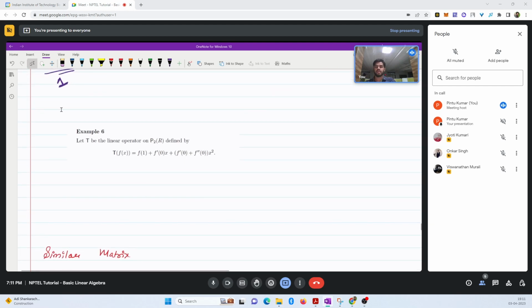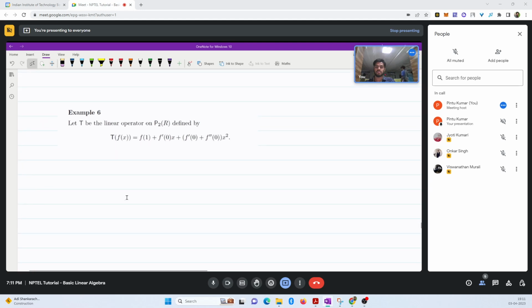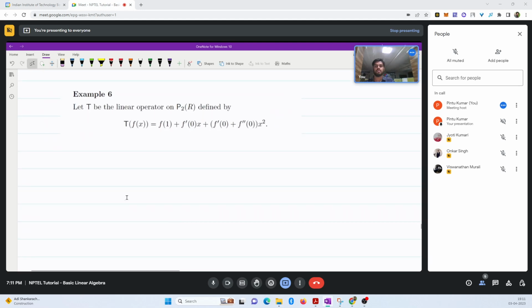So we can try one more example over here. T is a linear operator on P2, which, as I mentioned, is the space of polynomials up to degree 2.